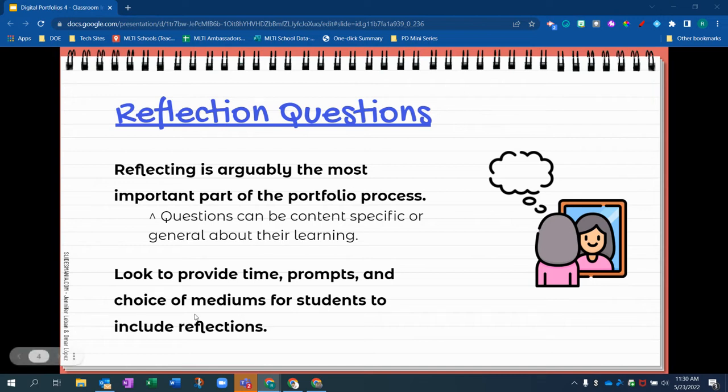So, besides providing time that we talked about, prompts and choice of mediums could also be things that you consider for that. If you want students to reflect by writing, if you want them to reflect by including a video reflection or just an audio reflection, things like that, you can have them include into their digital portfolios. If you're looking for prompts or questions, you can obviously come up with your own.